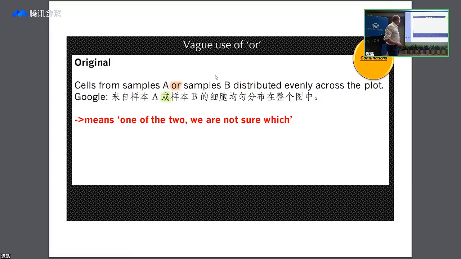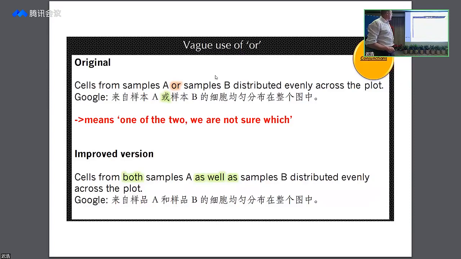"Cells from samples A or all samples B distributed evenly." Same problem. This is vague use of the conjunctions. Probably what they mean is cells from both A and B, both samples A as well as samples B distributed equally.